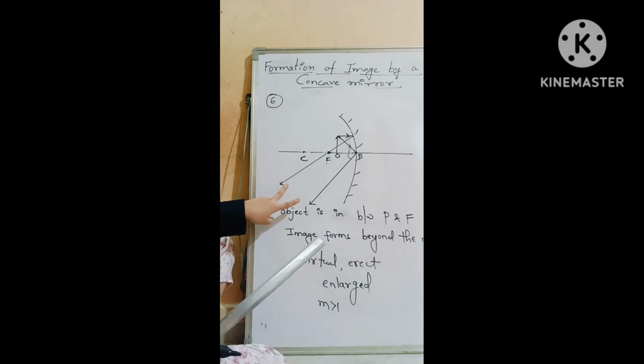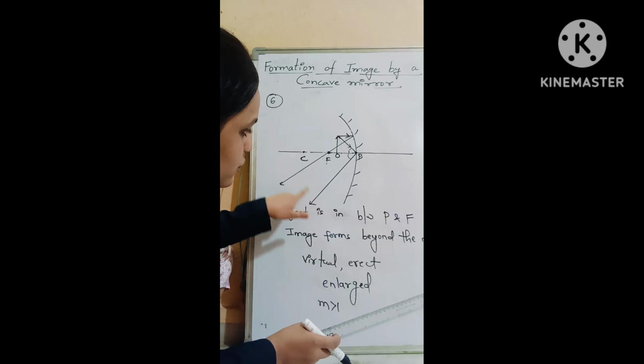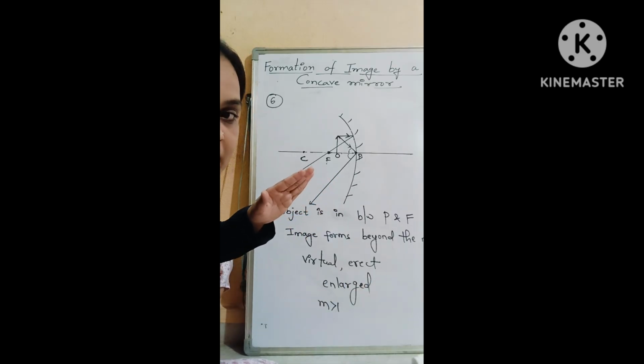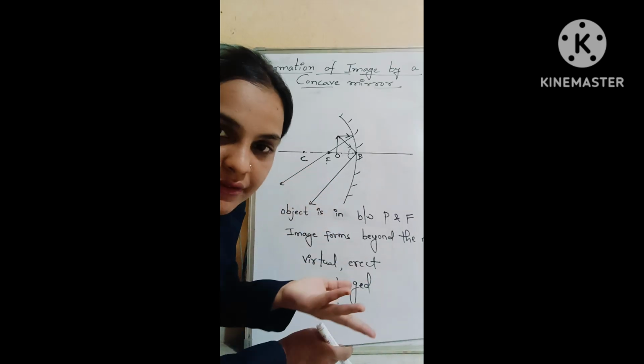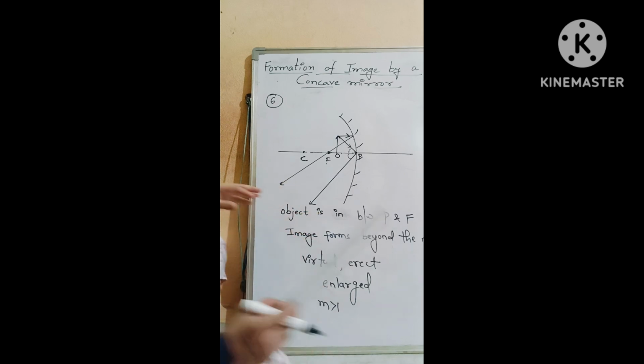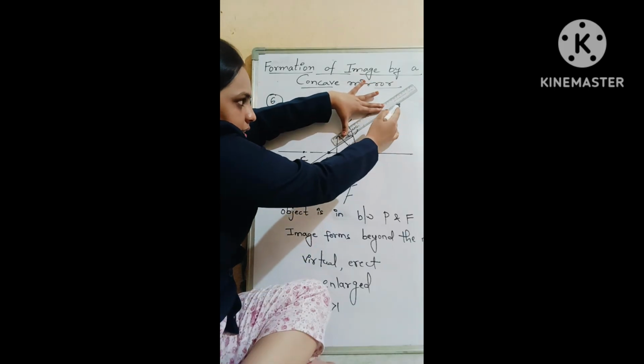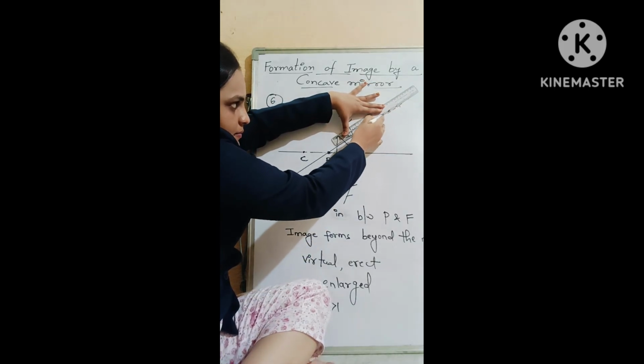Now if you observe, are we getting any image? No. These two reflected rays appear to diverge, and diverging rays will never meet, so we won't get an image. Now what we are going to do is extend back the reflected rays.